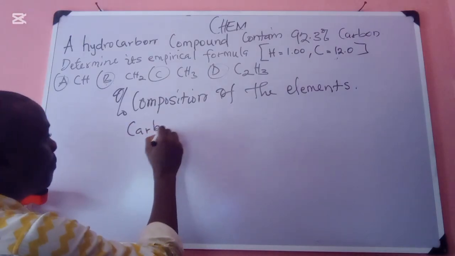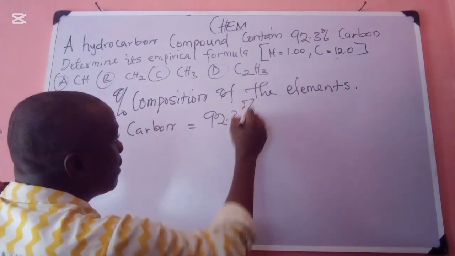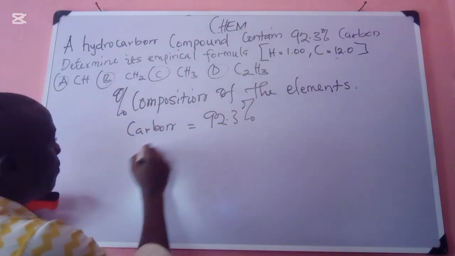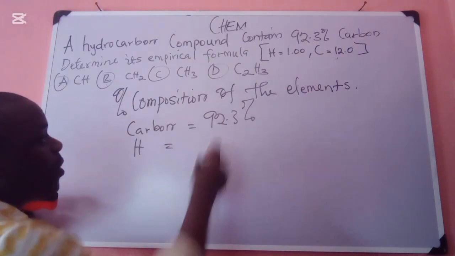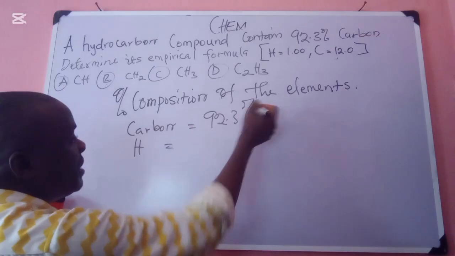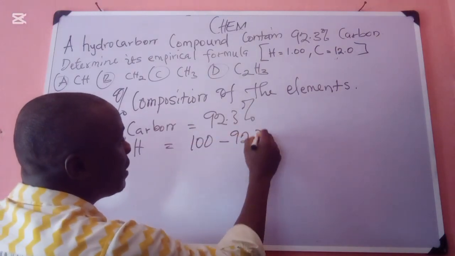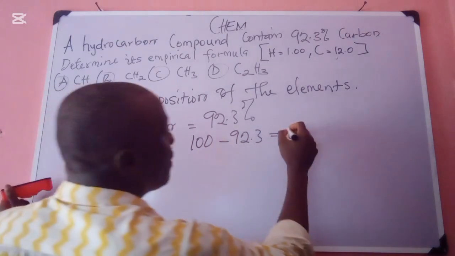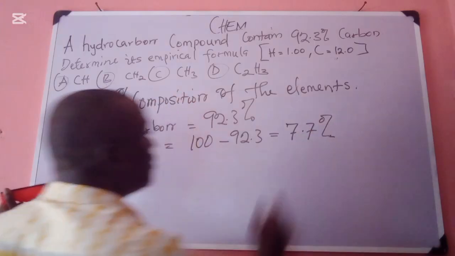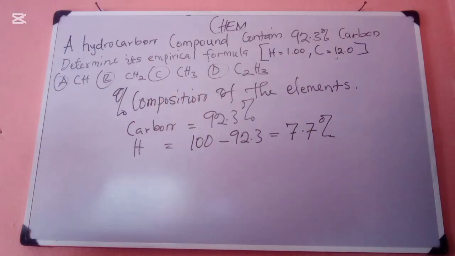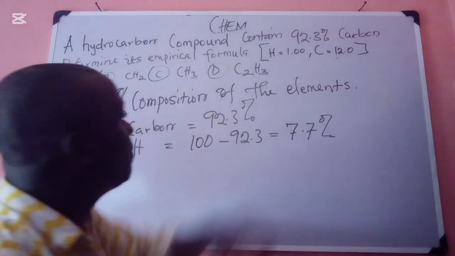Carbon is 92.3%, then hydrogen is not given. Since it's in percentage, we take 100 minus 92.3, which gives us 7.7. So we've arrived at the percentage of hydrogen to be 7.7%.